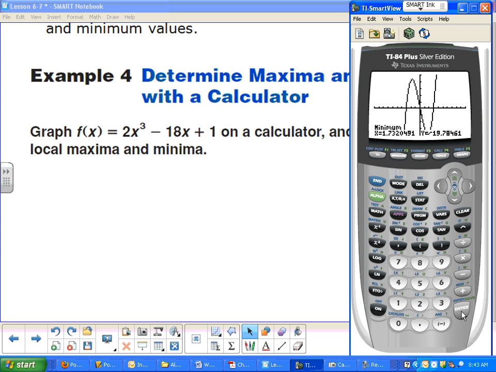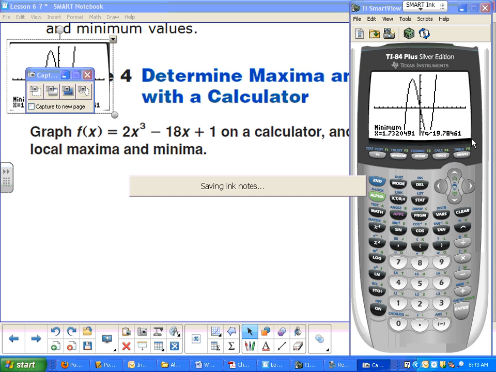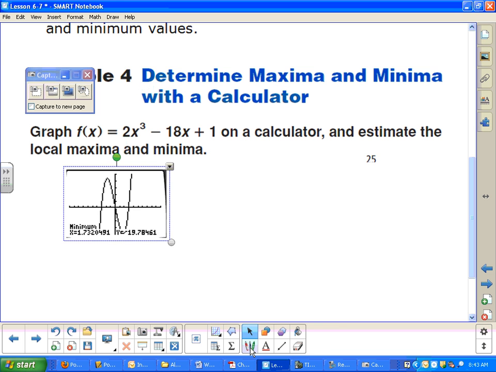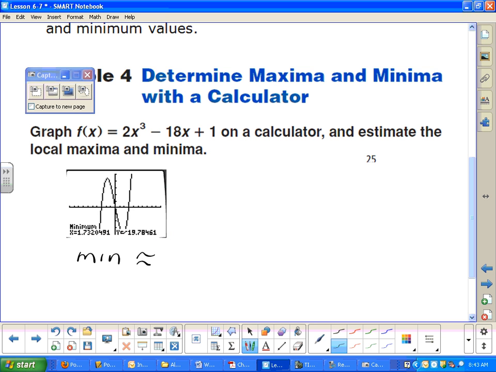So when I write my answer on my paper, I will say the minimum is approximately negative 19.78. And I want you to use 2 decimal places. The minimum is approximately negative 19.78. It's just the y value, not the point.